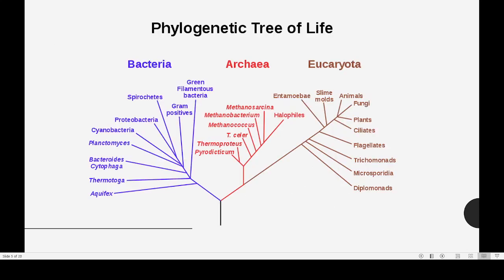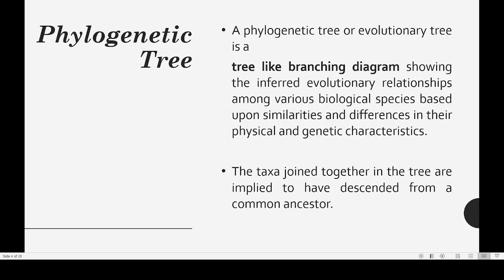Based on that, we are placing organisms either closer to each other or far away from each other. If we are keeping two groups closer to each other, that means those two groups of organisms have a higher level of similarity at the genetic level and also at the physical level. That is how we are constructing a tree.